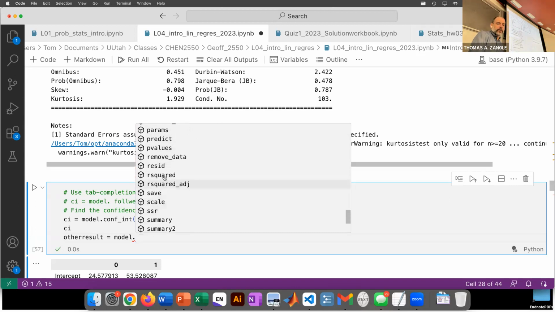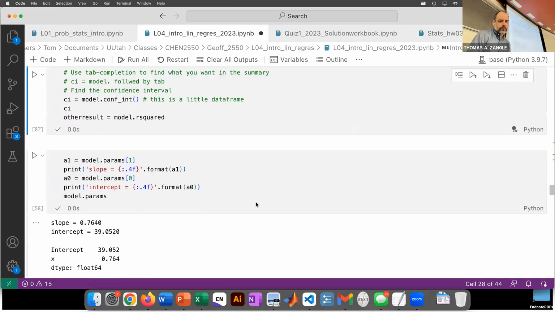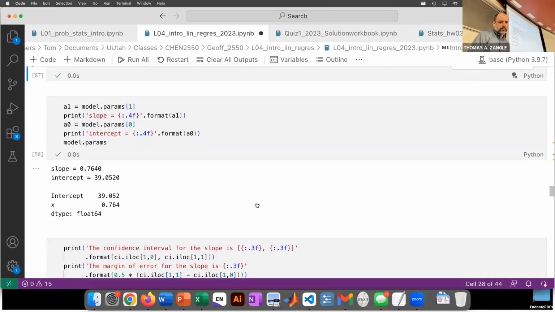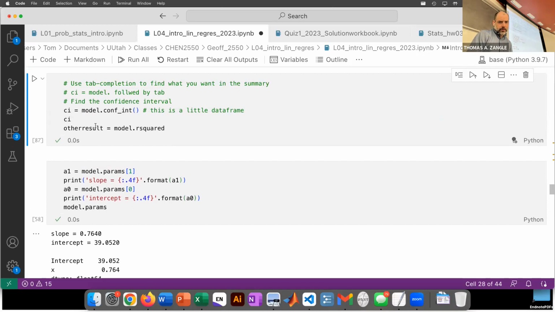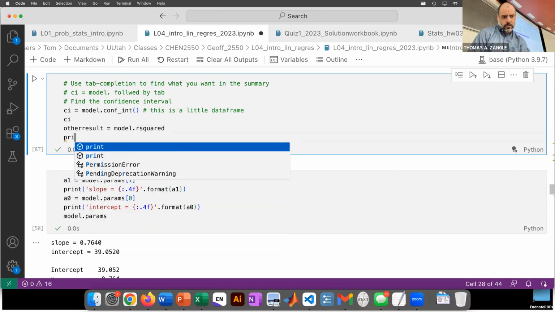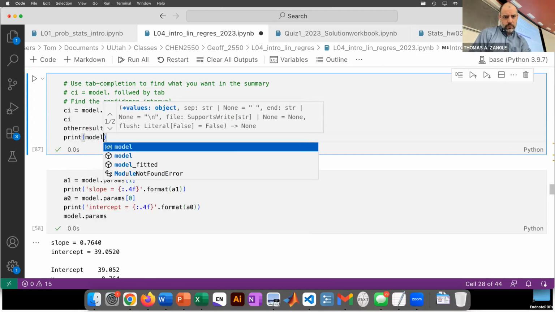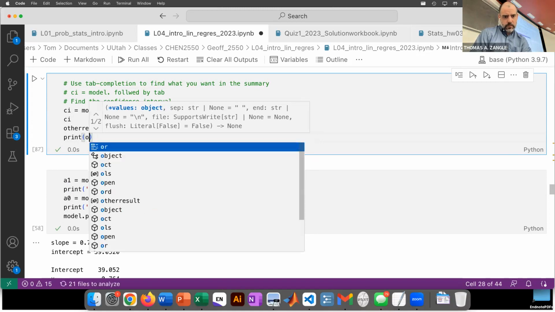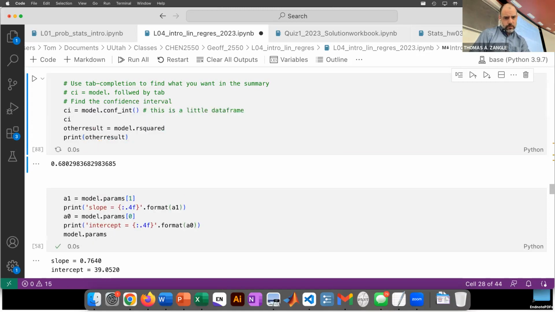I can pull out my R squared. Let's just do that, it's easy. So we can pull out any different parameter that we want from this. Print other results.